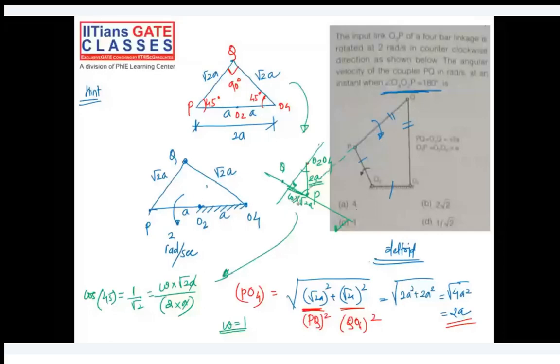Let me just show you here. Like this we do, and we say these are the instantaneous centers.